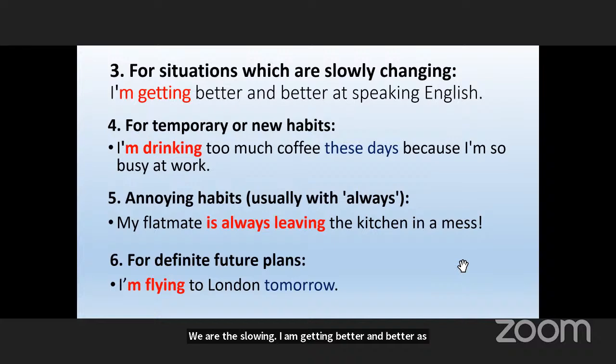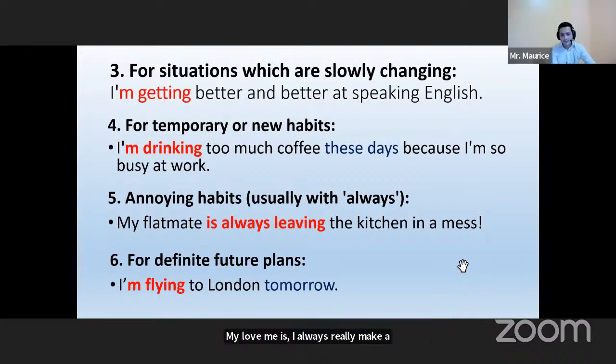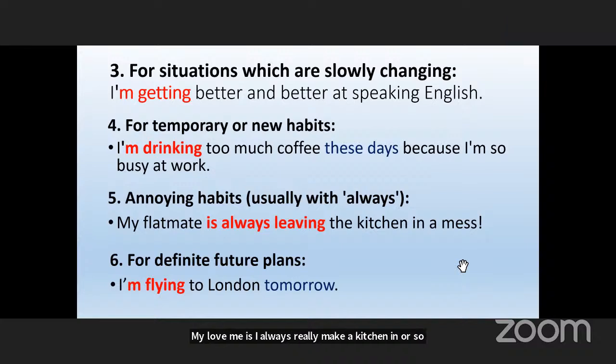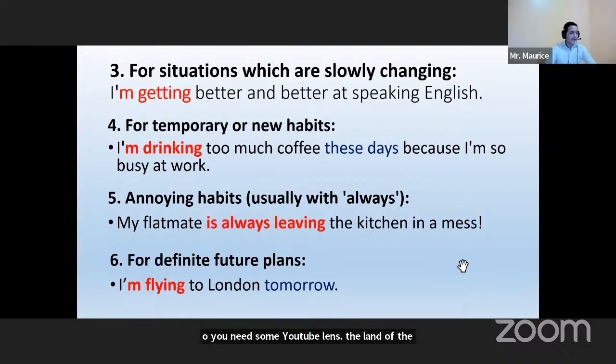For temporary or new habits: I am drinking too much coffee these days because I am so busy at work. For annoying habits with always: My flatmate is always leaving the kitchen in a mess. For definite future plans: I am flying to London tomorrow. Okay. Thank you. I appreciate it.